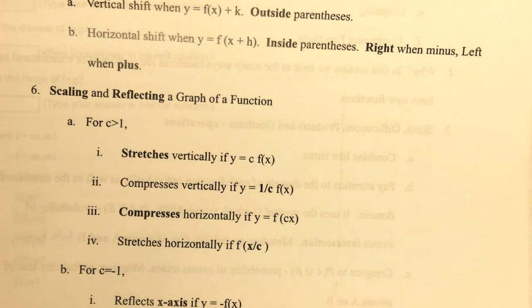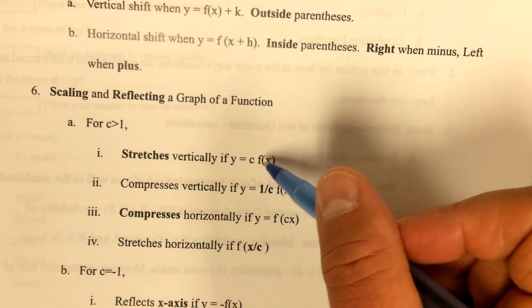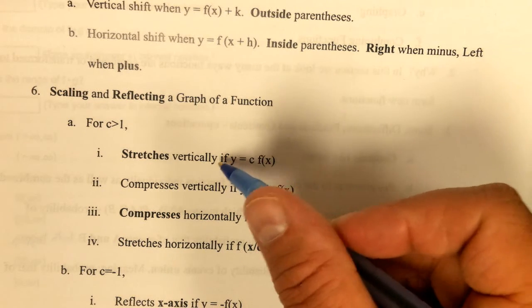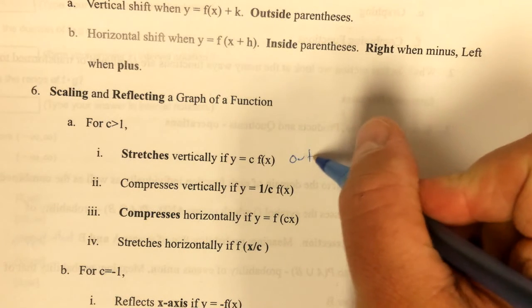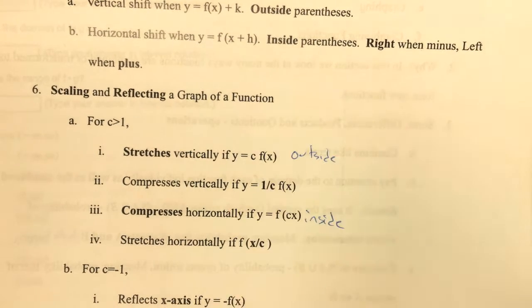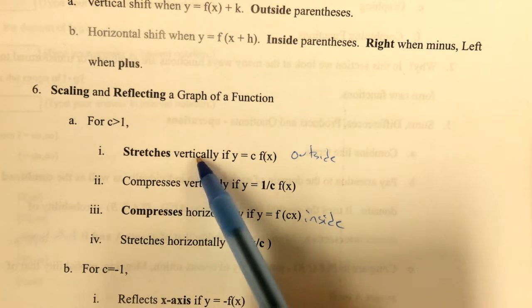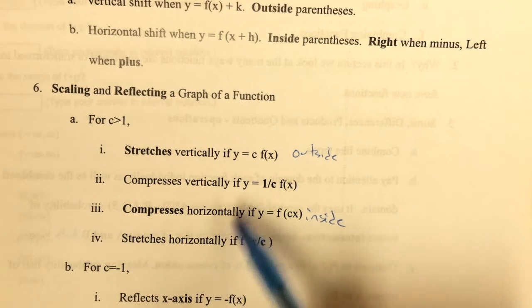So what you will notice is they're opposites. If it's multiplying on the outside, it's a stretch vertically, but if it's on the inside, then it compresses horizontally. So these two words are completely different than those two words. And then the same thing here.